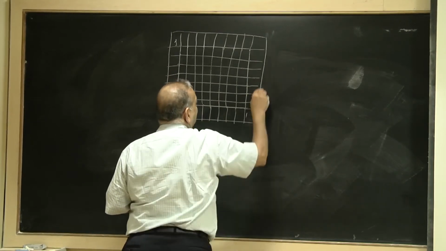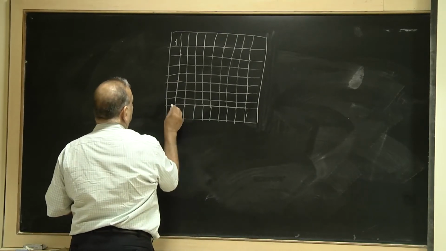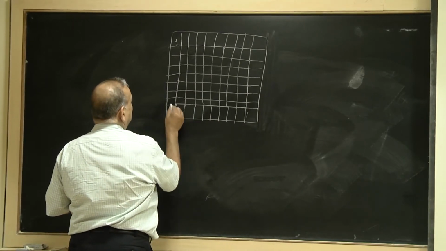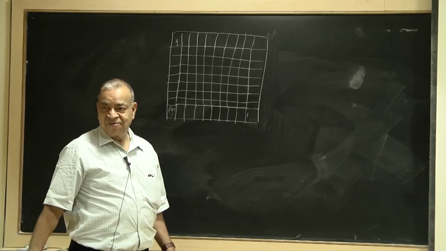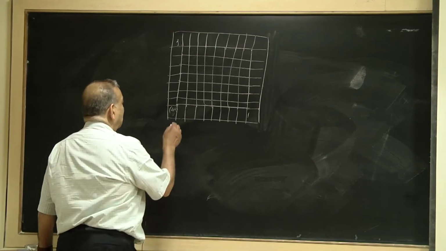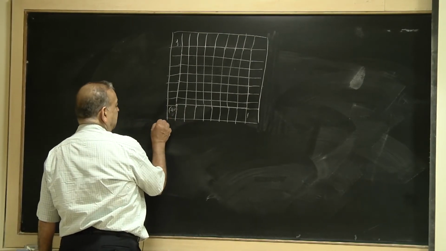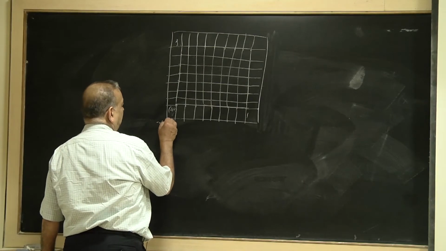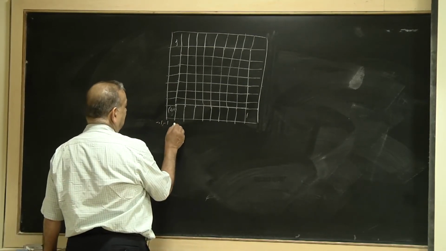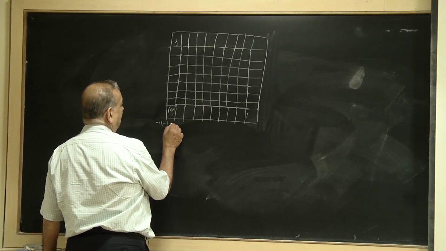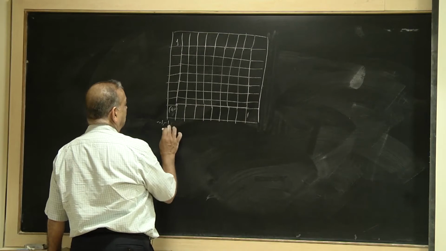This point is 0, 0. Now, this one will be minus 0.1, minus 0.1. Agreed? This one will be 0 minus 0.1, and so on.